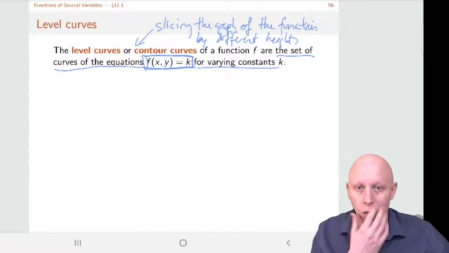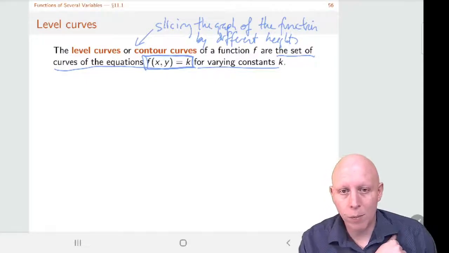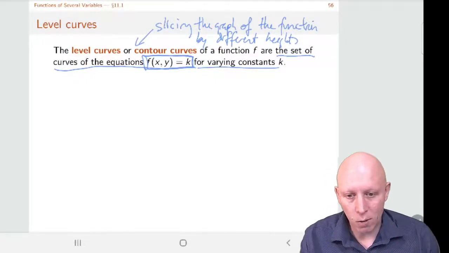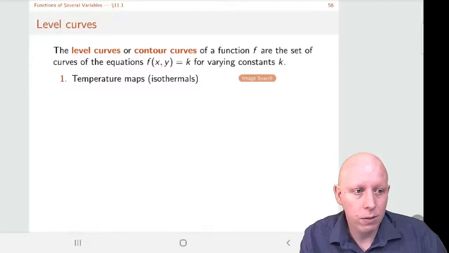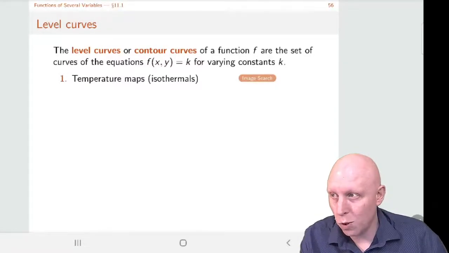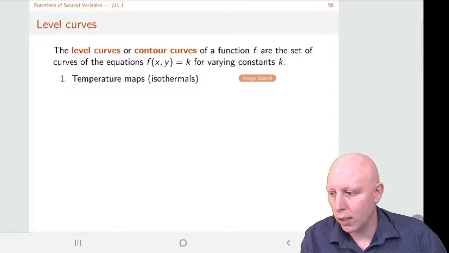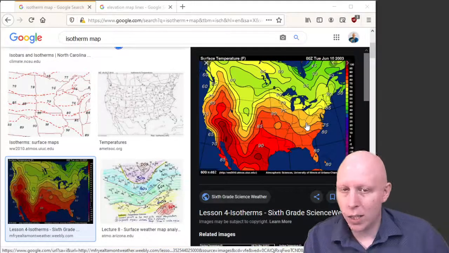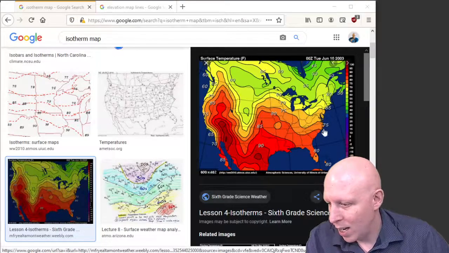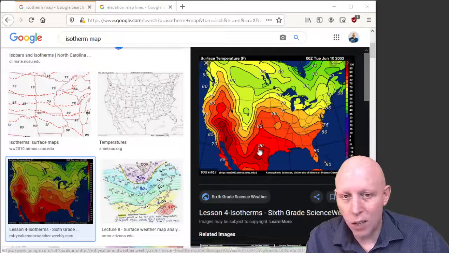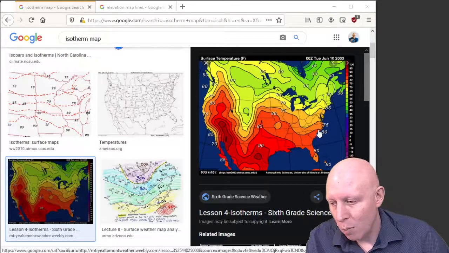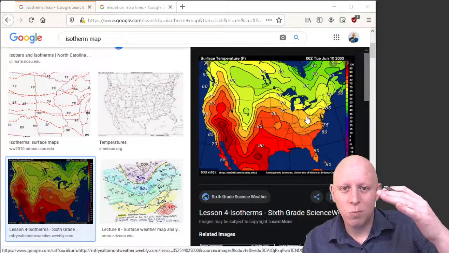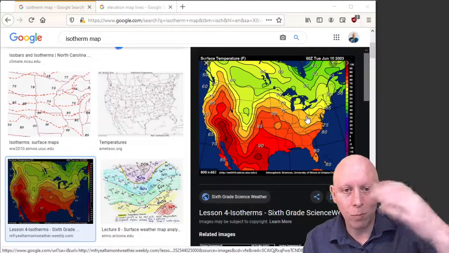Okay, so let's look at some examples of different types of level curves that you probably have seen already. First one, isothermals. If you look at a temperature map, here's something that you may be familiar with. There are often different colors to represent different temperatures, but then there are often these lines along the way that divide the regions that have the same temperatures.